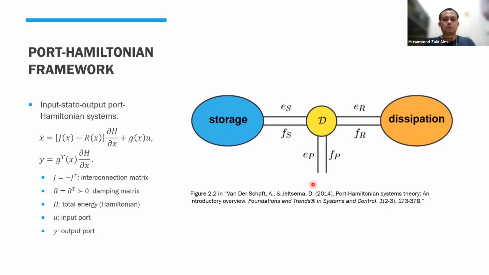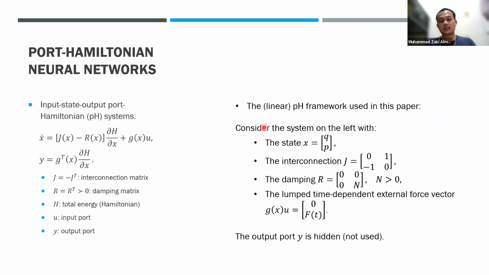So that's basically the Port-Hamiltonian framework, and what is being considered in this paper is basically a simplified version of general Port-Hamiltonian systems. That is the system on the left, with again the state being position and momentum, and we have the interconnection J as 0, 1, minus 1, 0.